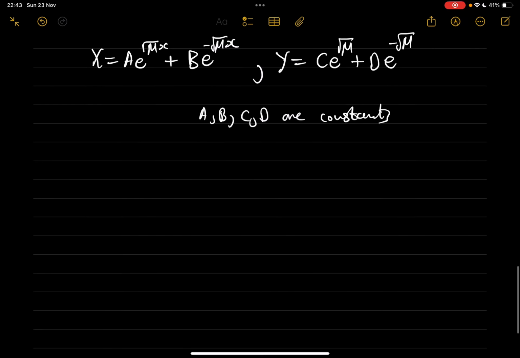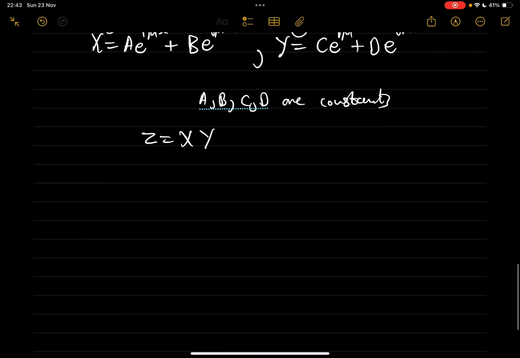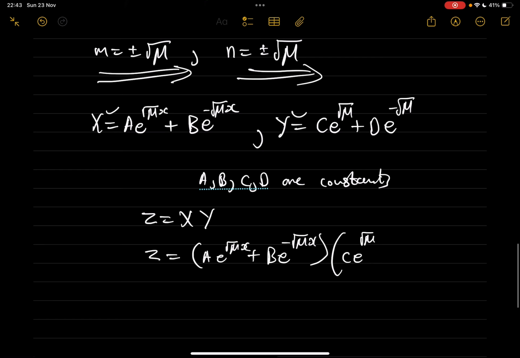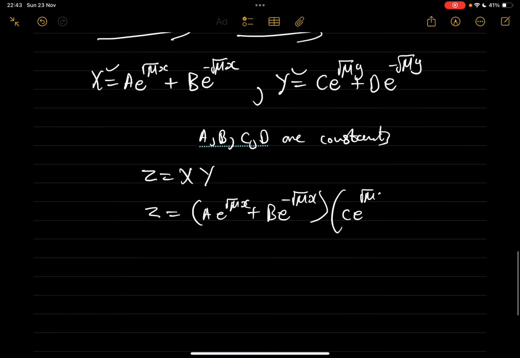So in order for us, we have X and Y. We said z is equal to X Y. That was the trial solution that we assumed earlier. So now we can write z as: X is a e to the root mu x plus b e to the minus root mu x, and Y is c e to the root mu y plus d e to the minus root mu y.